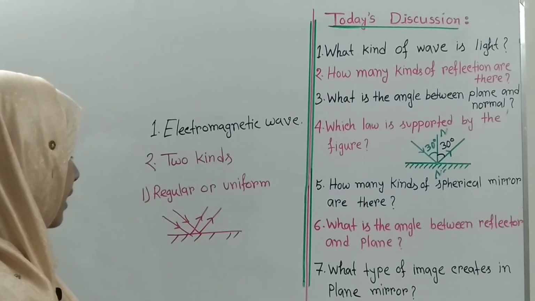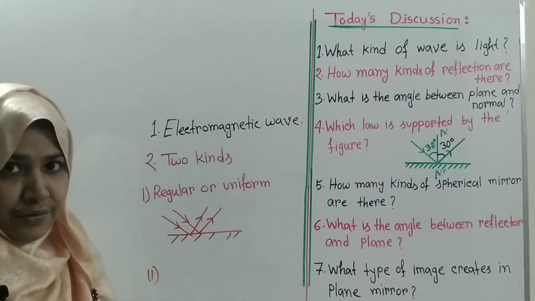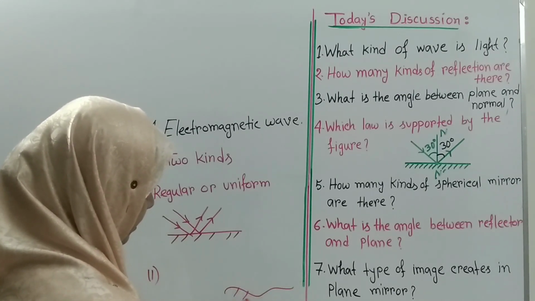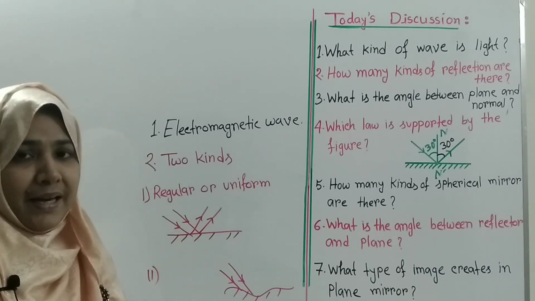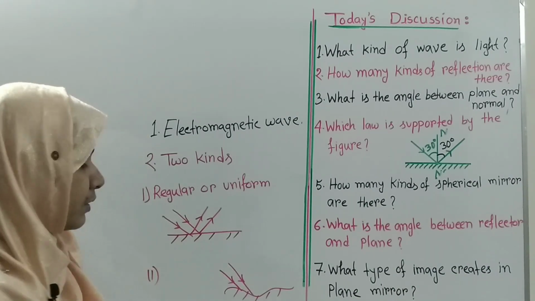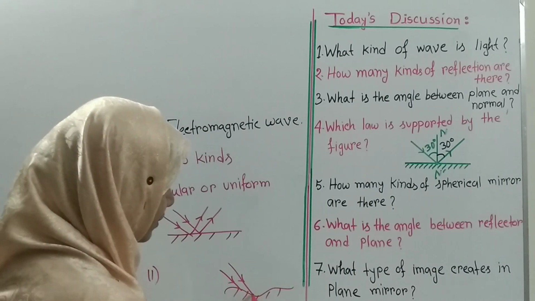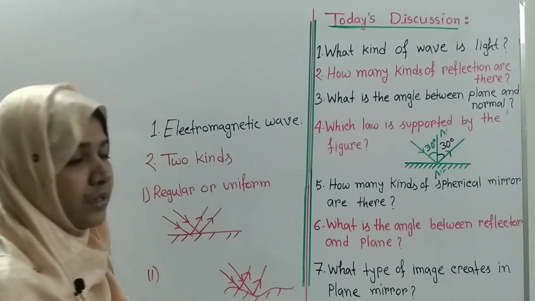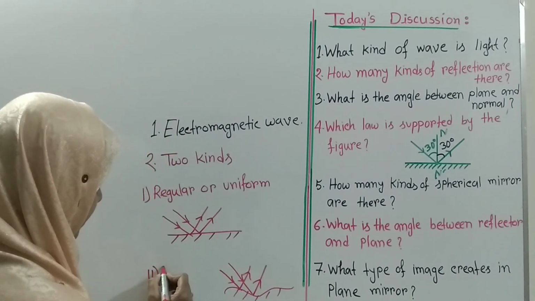If light rays fall on a rough surface, here you can see it's a rough surface, and if parallel light rays fall on a rough surface, then after reflection they will not remain parallel, and this type of reflection is known as irregular or diffuse reflection.